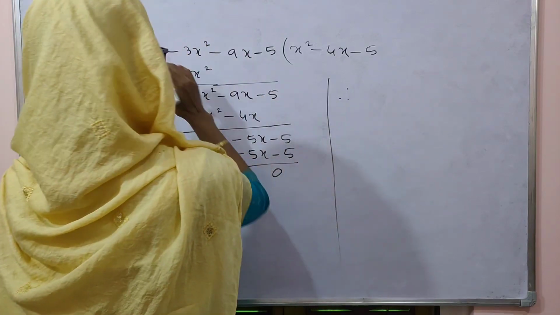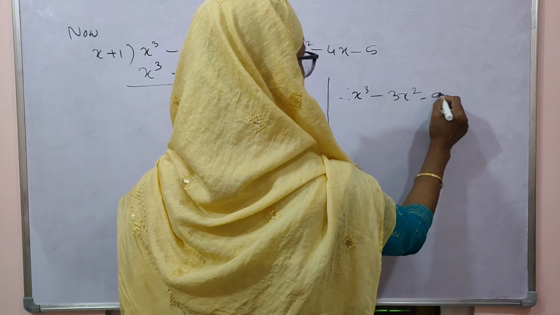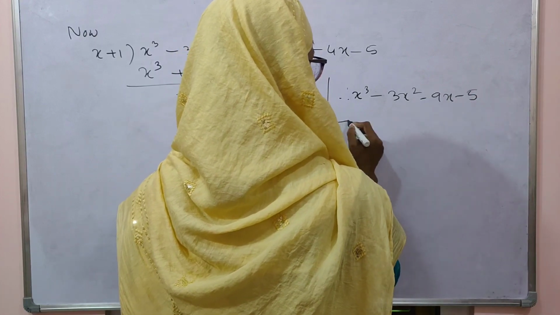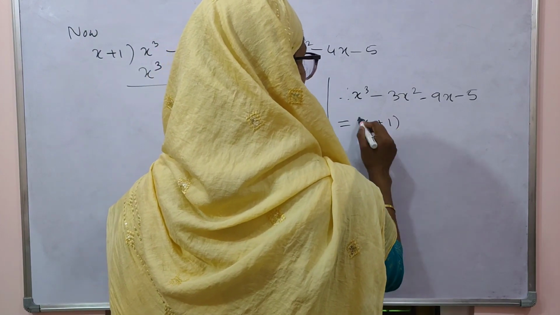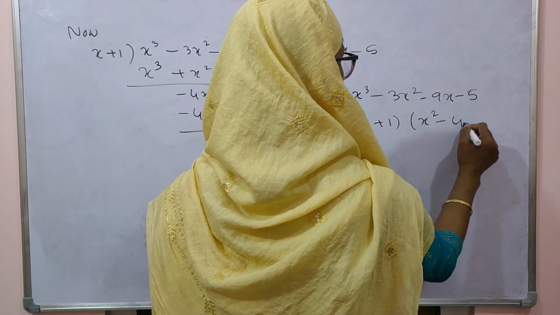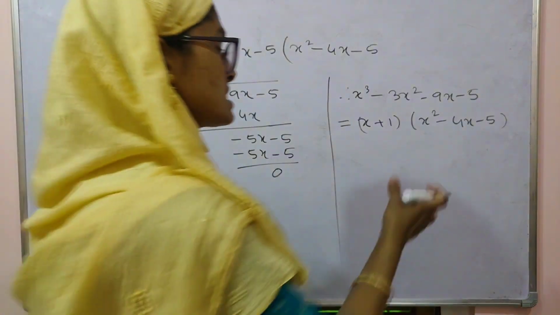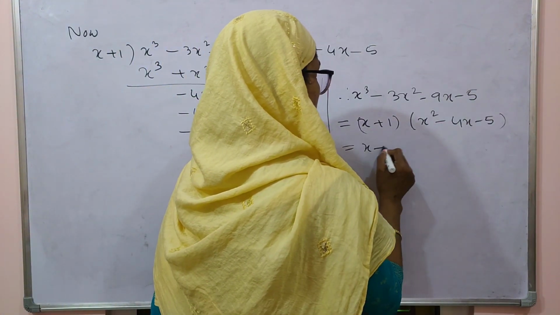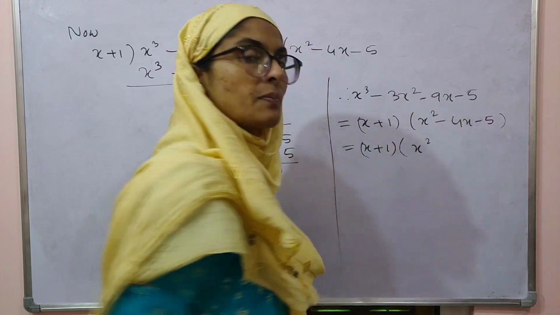Therefore x cube minus 3x square minus 9x minus 5 equal to x plus 1 into x square minus 4x minus 5. So again factorize this quadratic polynomial. x square, here 5 into 1 you will get 5.